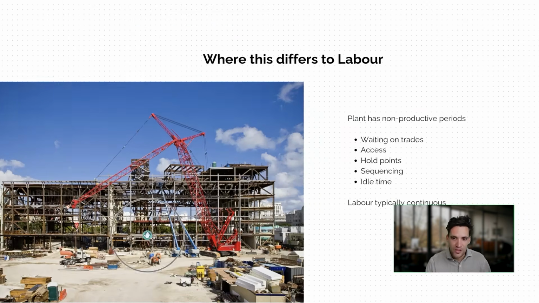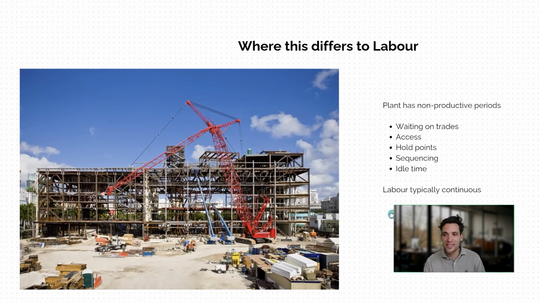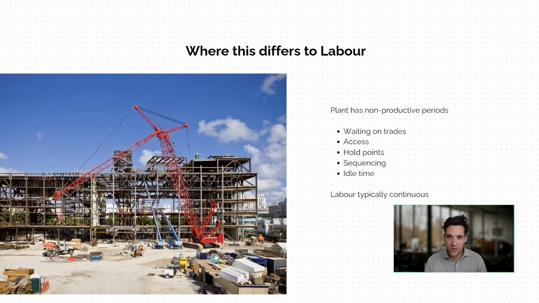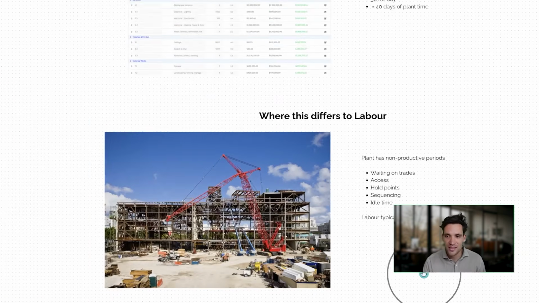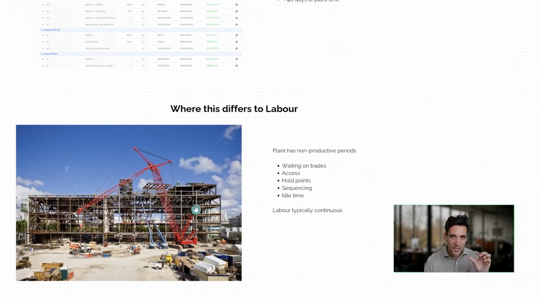Let me do a little example. Say we're building this oil and gas facility and we've got this massive crane, but we only need it to install 4 items. If we can do all those 4 items in sequence, there's going to be 0 idle time. That's almost certainly not going to be possible just because of the sequence of construction, the way it plays out. Typically, between all these activities, there's going to be gaps.